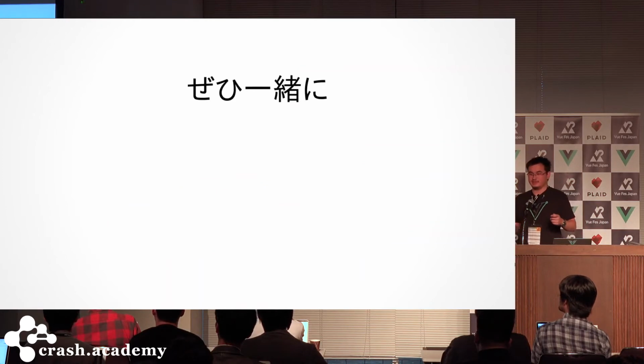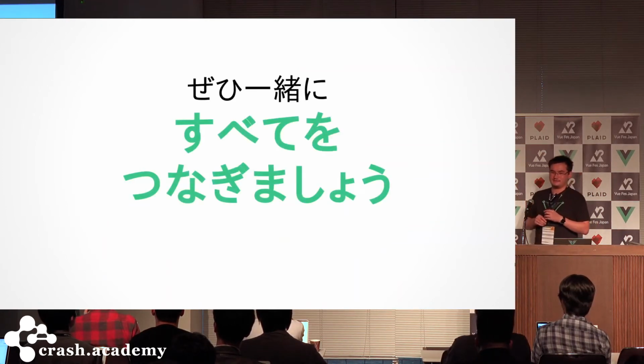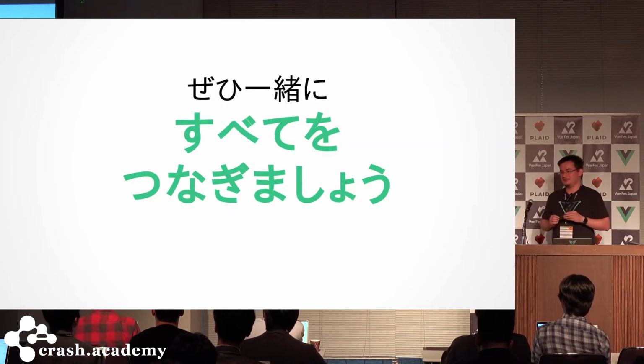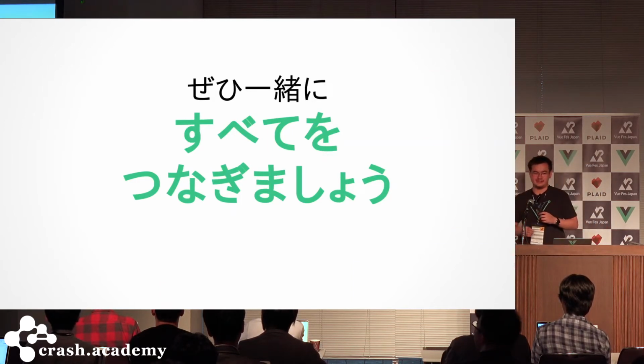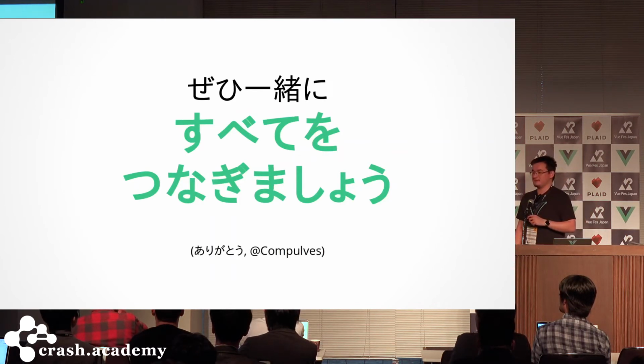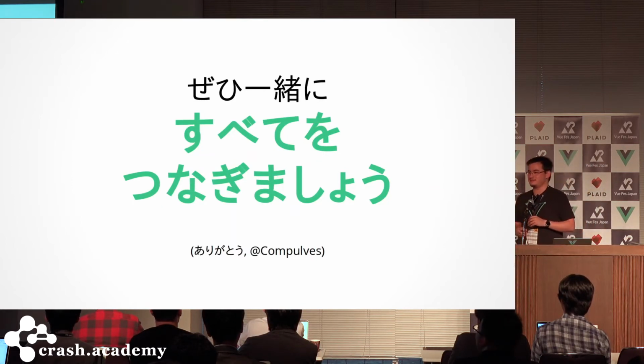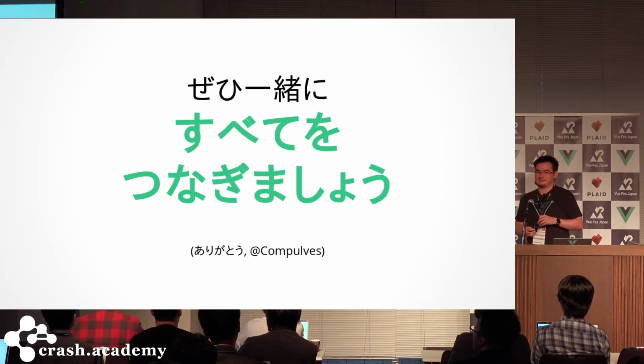And it all started with someone saying, let's interface everything, which isn't a real word, but it conveyed the idea very well, I find. So this was from Compulse, who is the creator of CodeSandbox. If you don't know what it is, it's an online IDE, which is very nice.